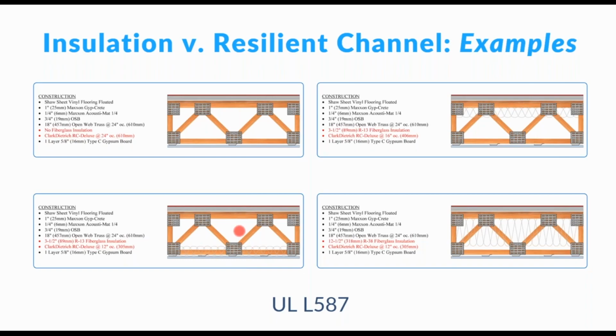If, for whatever reason, you wanted to put that insulation down low, draped over the resilient channel and the back of the gypsum board, this UL design says you've got to reduce the resilient channel spacing further to a maximum of 12 inches on center. And if you do anything more than 3.5 inches of insulation anywhere in the cavity, whether it's up top or down low or in the middle, you also have to reduce the resilient channel spacing down to 12 inches on center.